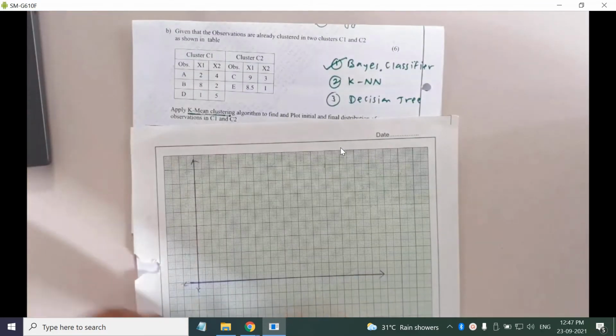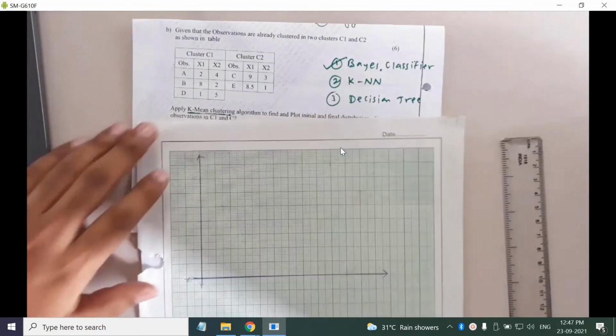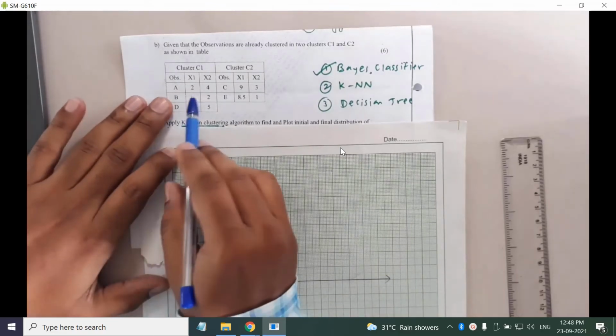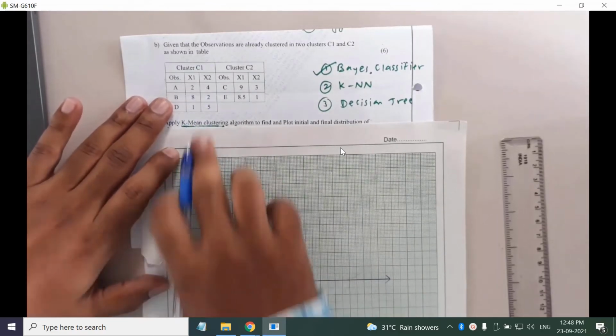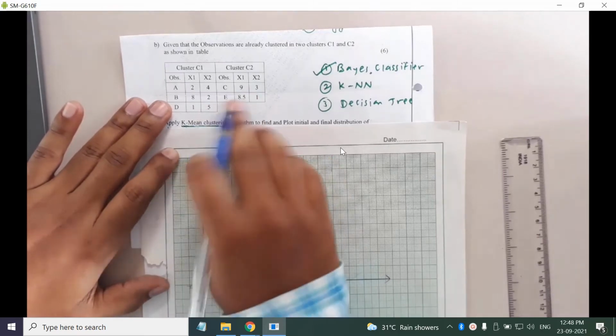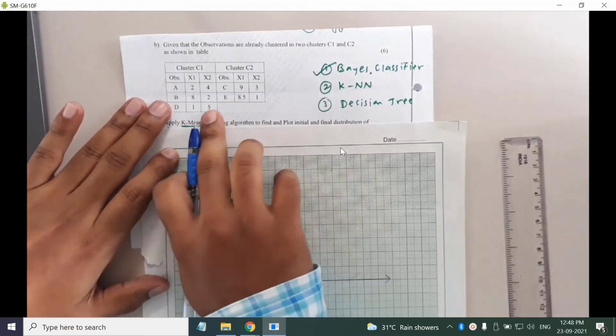Do we have any negative reading? No, right? Okay, so just plot these points. So the coordinate of A is 2, 4. Okay, so we have a maximum of 9 in the x direction and 5 in the y direction.